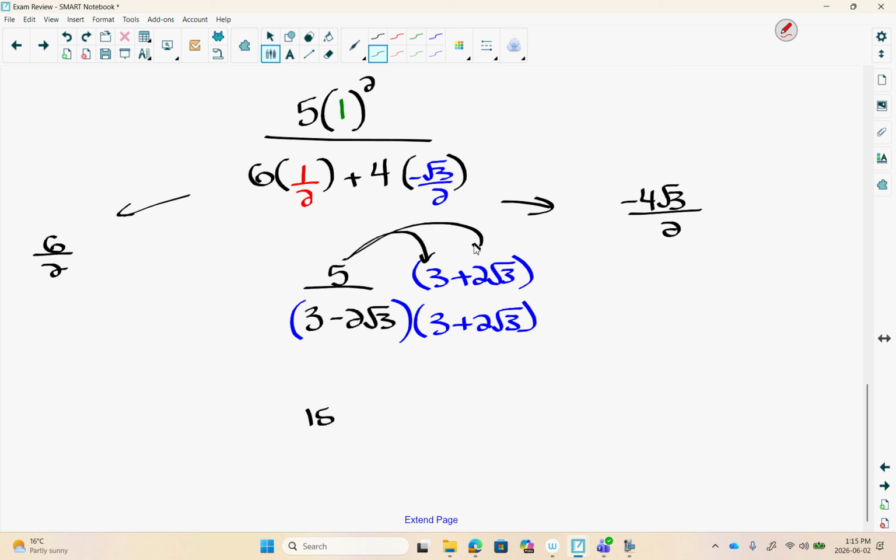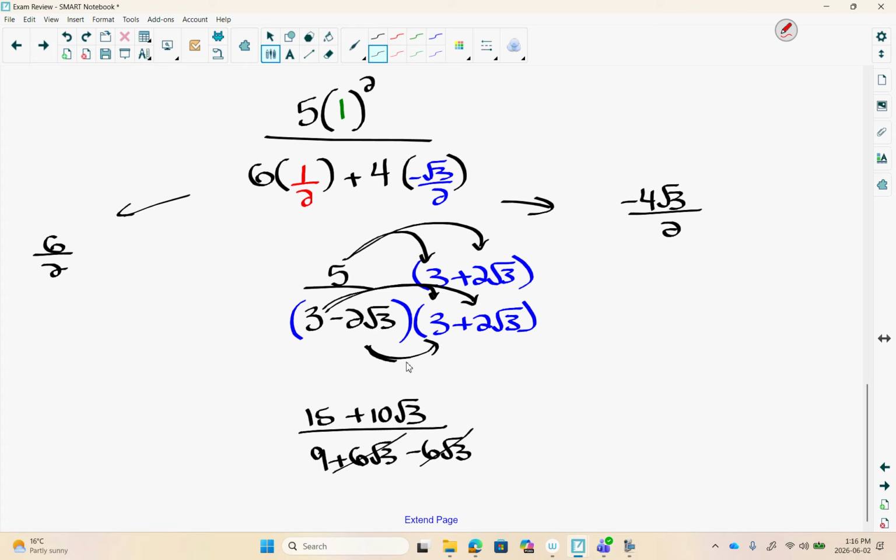What's 5 times 2 root 3? Awesome. On the bottom, when I rationalize this, I should have no radicals left in the bottom. Check it out. What's 3 times 3? This would give me 6 root 3. This would give me minus 6 root 3. And those would go away.